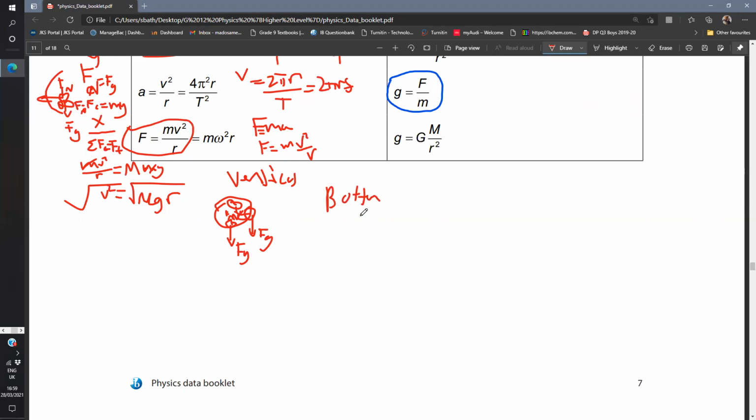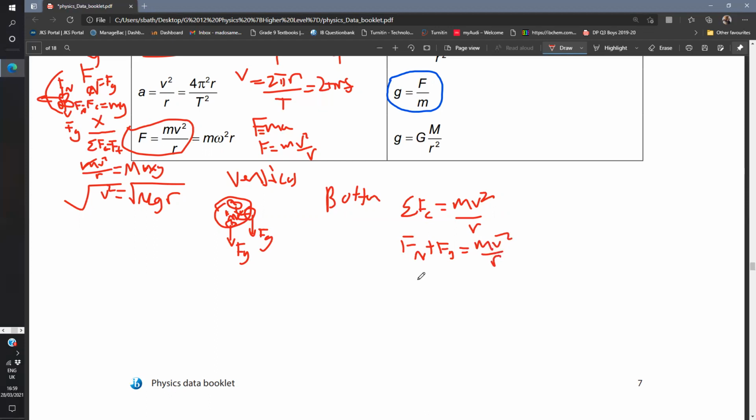Okay. For the bottom one, we say that the sum of Fc is equal to mv squared over r. The sum is basically Fn plus Fg. We know it's equal to 0, but we want to derive this.